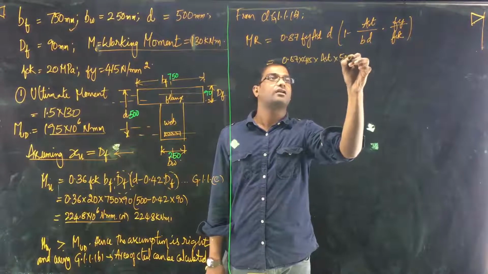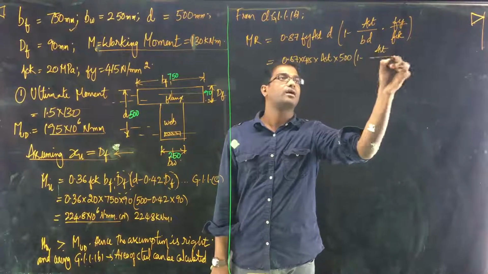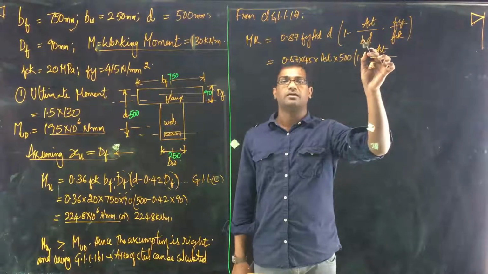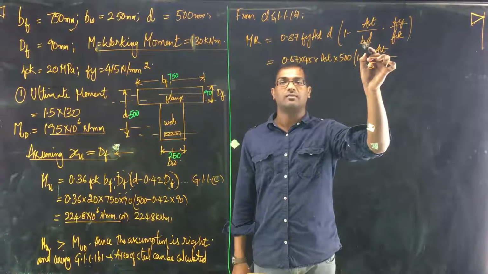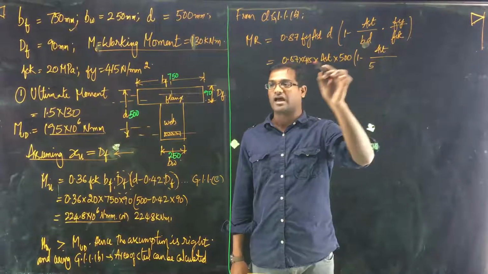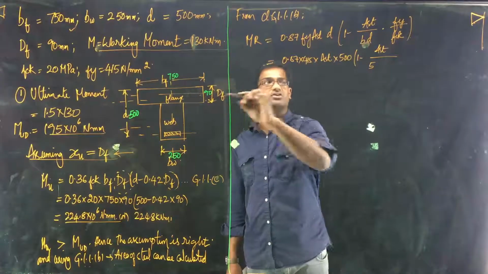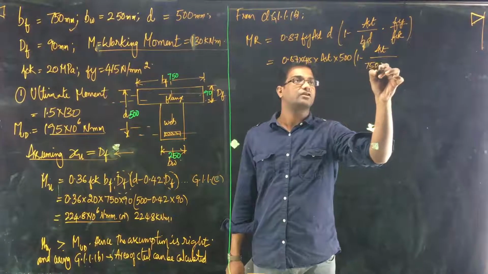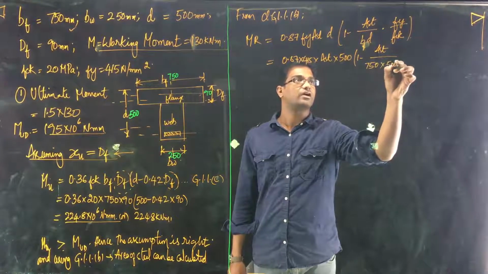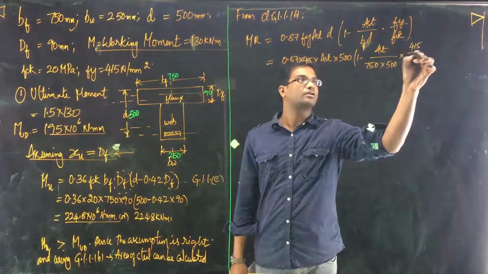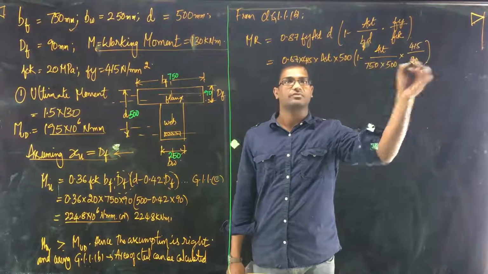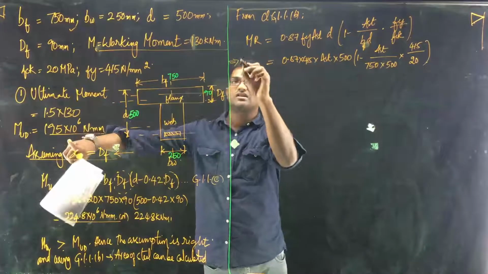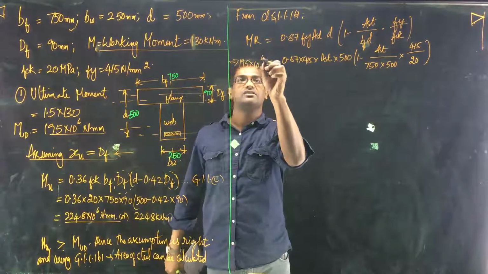D is 500. 1 minus AST by, here you have to take BW or BF. Now you may have a question whether you have to take BW or BF. Because the neutral axis is lying within the flange, you have to consider BF here. So this is 750 into D is 500 into Fy is 415 divided by FCK is 20. So moment of resistance will be equal to the design moment, that is 195 into 10 power 6.